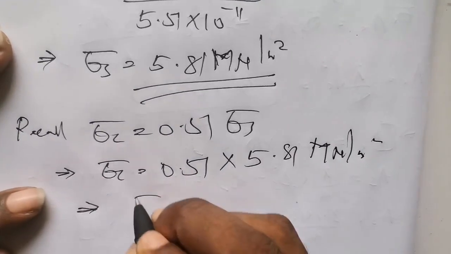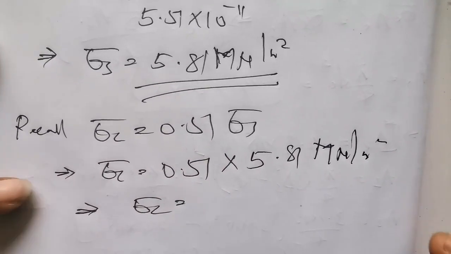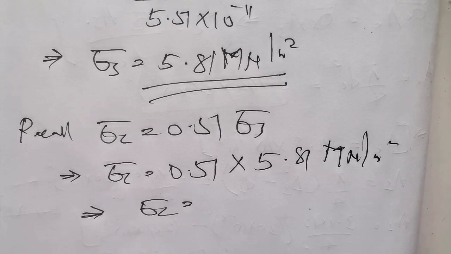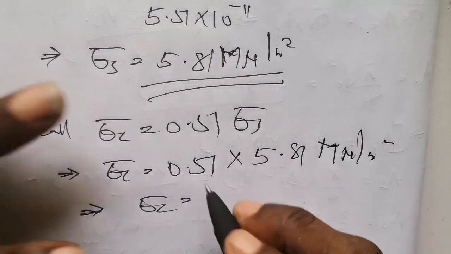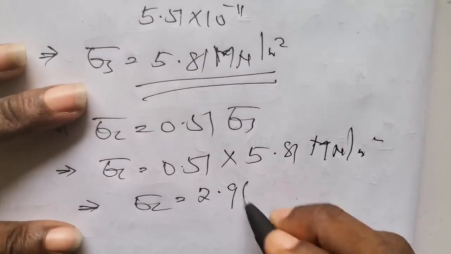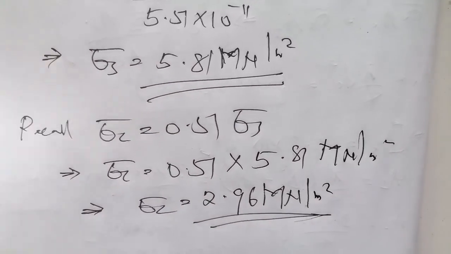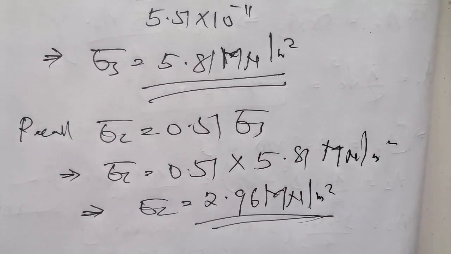So let's obtain 0.51 multiplies 5.81, that gives us 2.96 mega newtons per meter squared. Alright guys, so there you have it. Those are the stresses induced in the steel material and in the copper material.